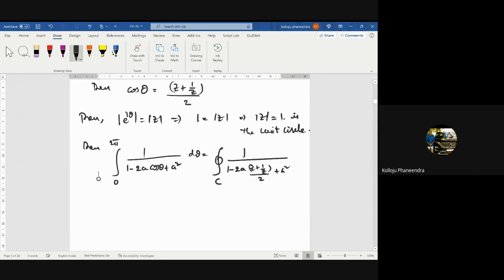And d theta is dz by iz, where c is mod z equal to 1.